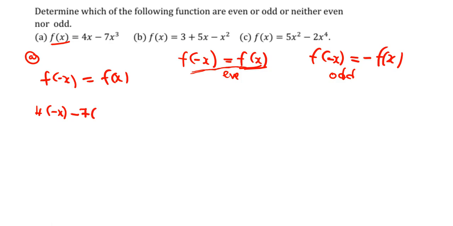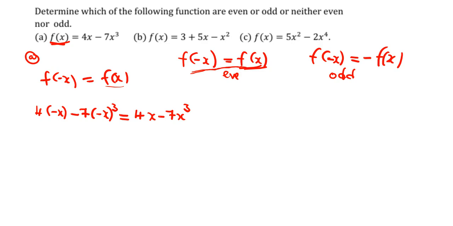Is that okay? Okay, so this means that I'm multiplying now everywhere, so this will be 4x, negative 4x in fact, then inside there, 3 times x, it will give you negative x cubed. So negative times that, it will give us positive 7 there.